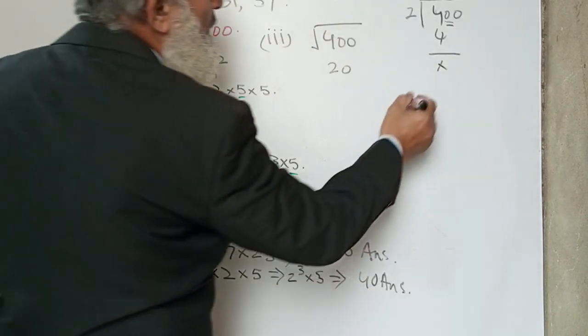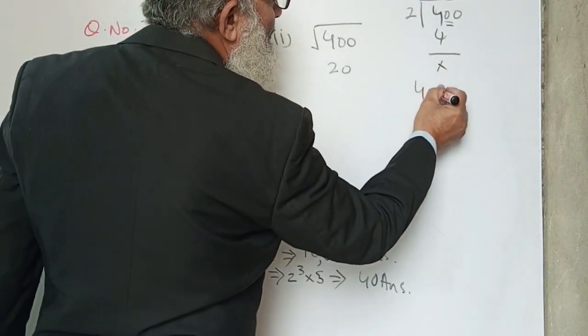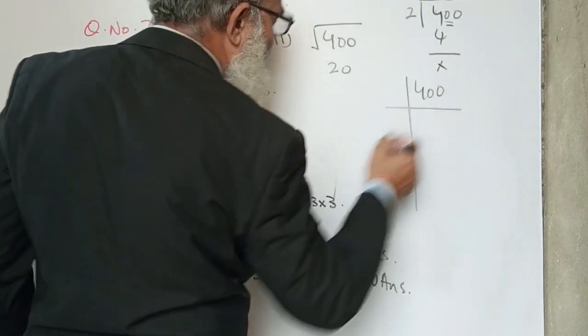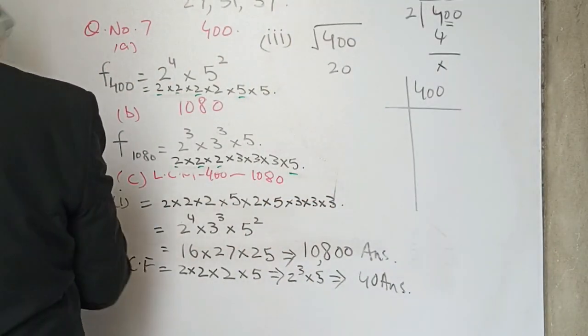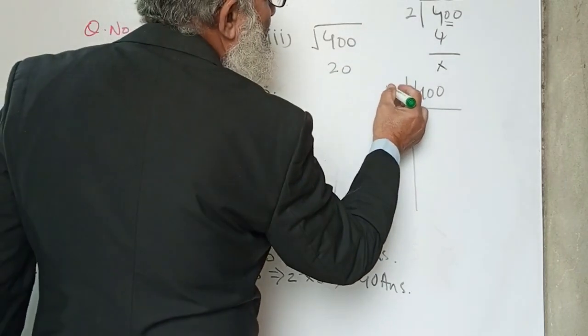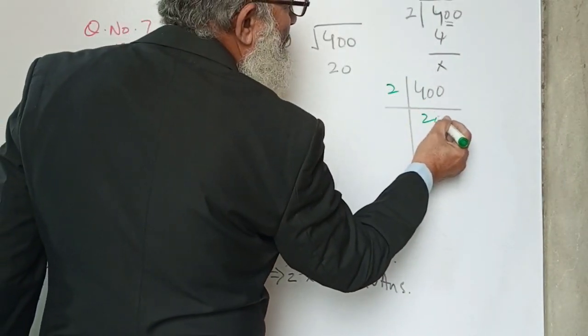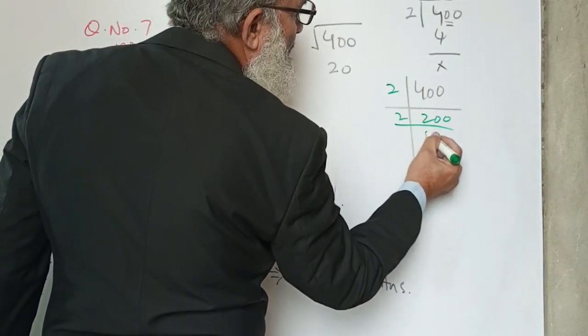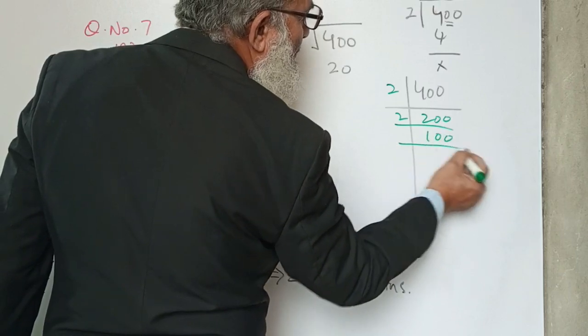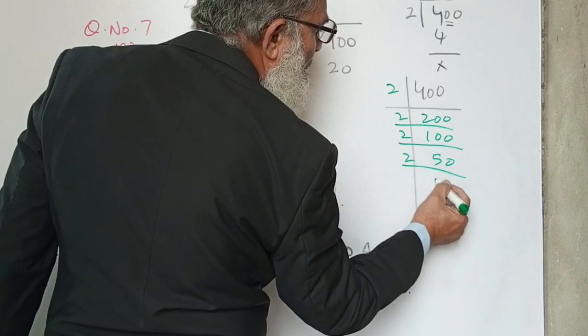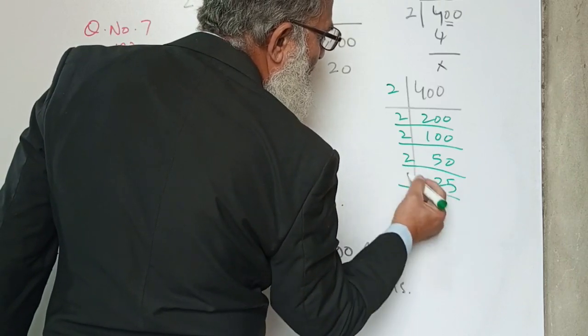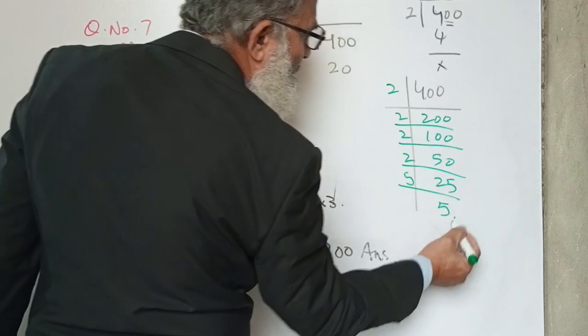But if I do it by the factorization method, start with 2, 200, 100, 50, 25, and 5.